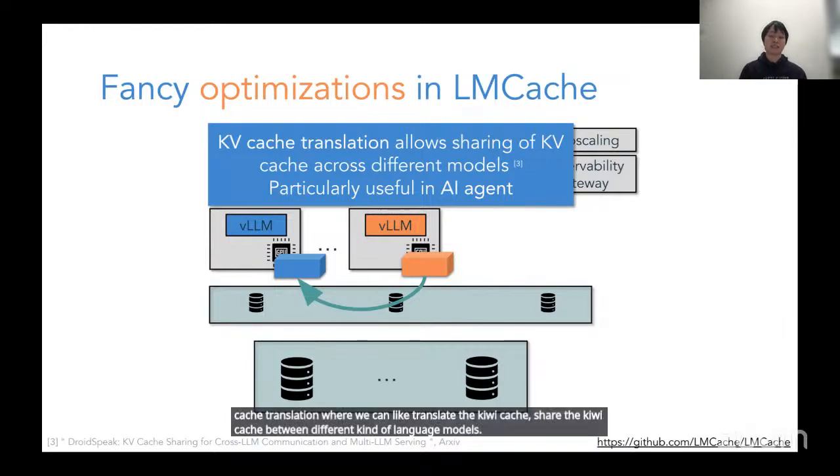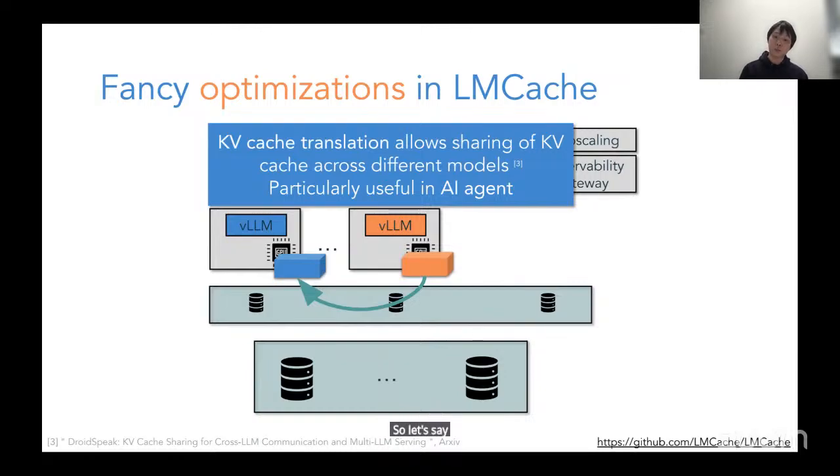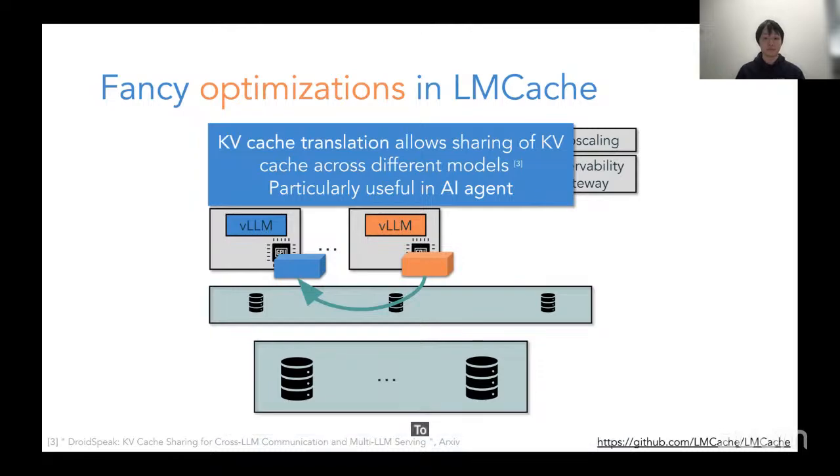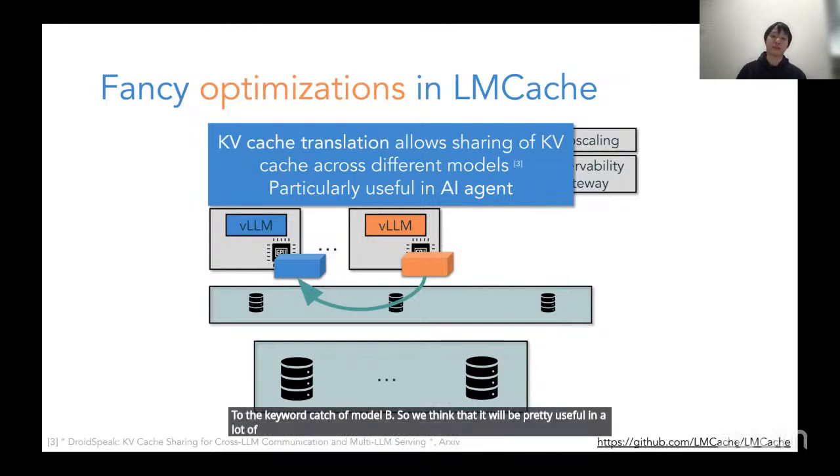In AI agent workflows, there are usually multiple different models, or some base models using different LoRA adapters. We have a paper called DroidSpeak, which does the KV cache translation to translate a KV cache from model A to the KV cache of model B. We think it will be pretty useful in a lot of future use cases, including those agent workflows.